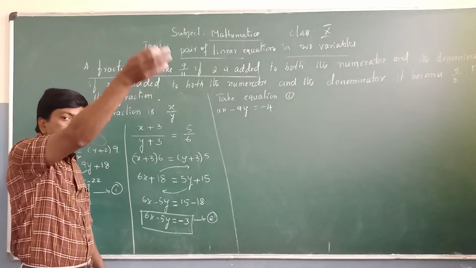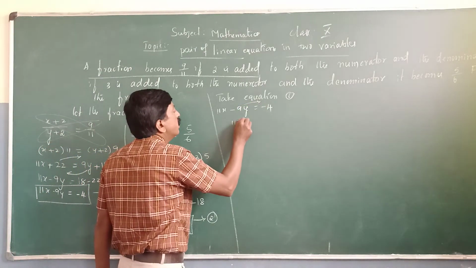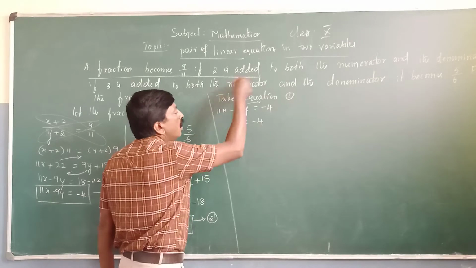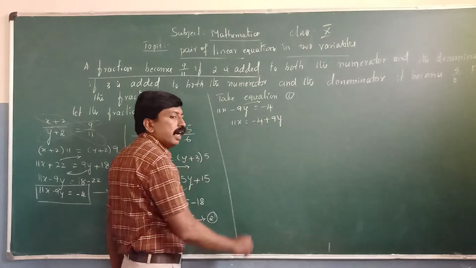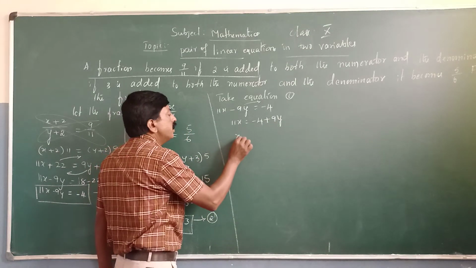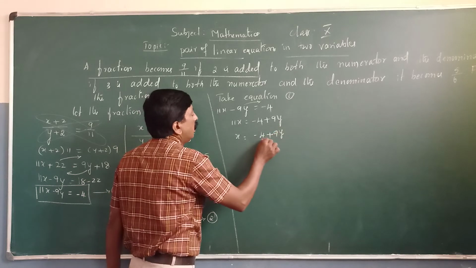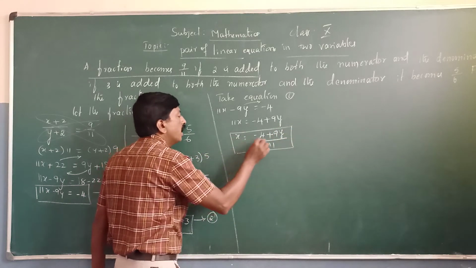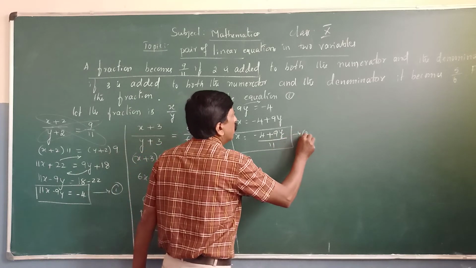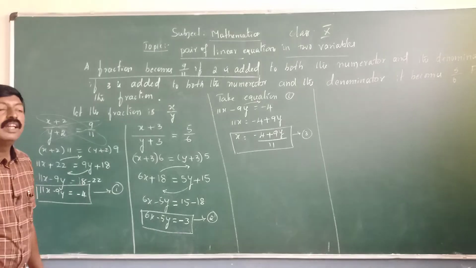Minus 9y transposes to RHS. So 11x is equal to minus 4 plus 9y. Then x is equal to (minus 4 plus 9y) divided by 11. Call this equation 3.